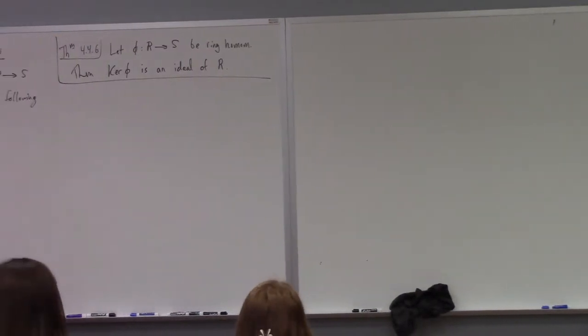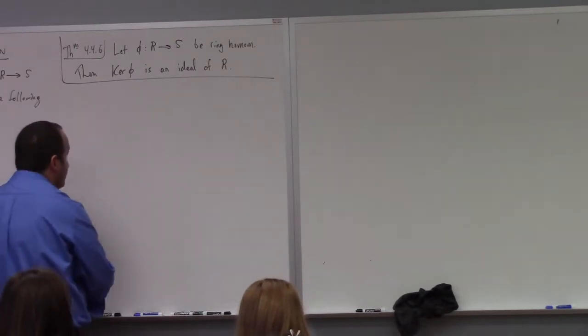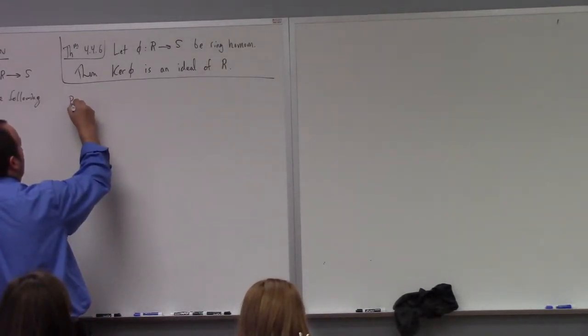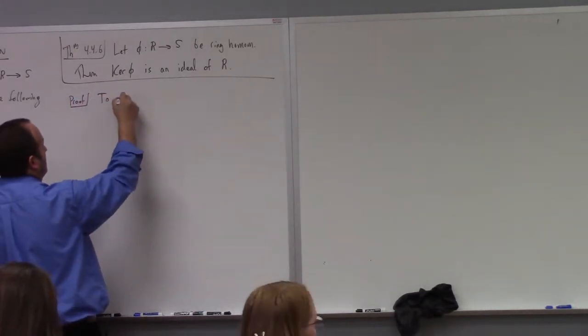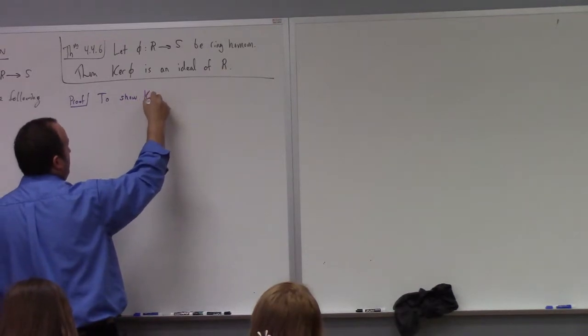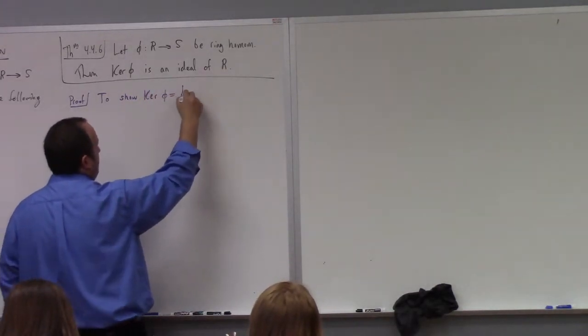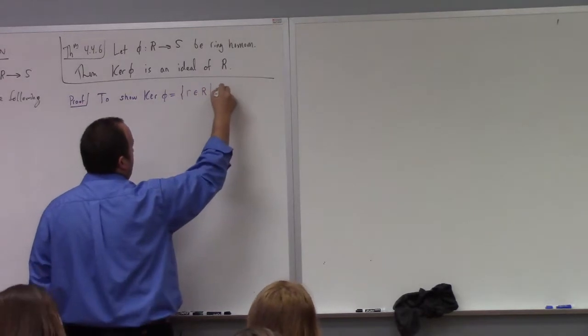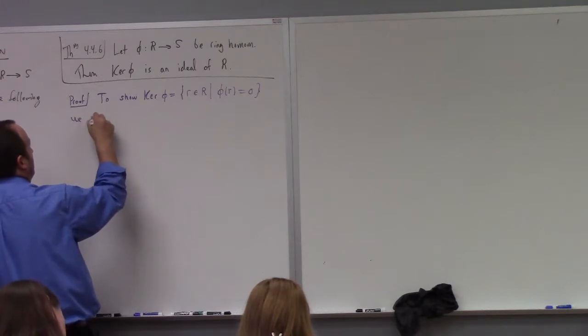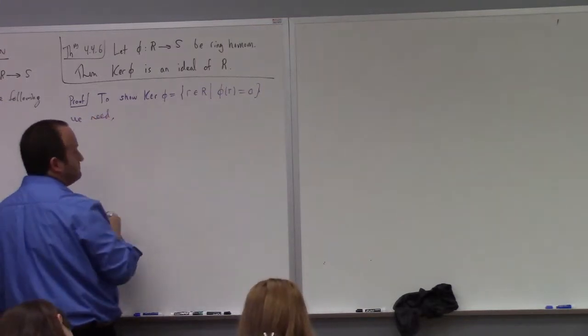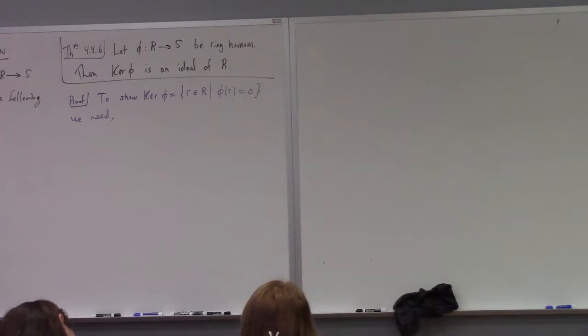Do you guys remember? So to show that the kernel of phi, which is the set of r in R such that phi of r is equal to 0, is an ideal, what do we need? What was our test for an ideal?